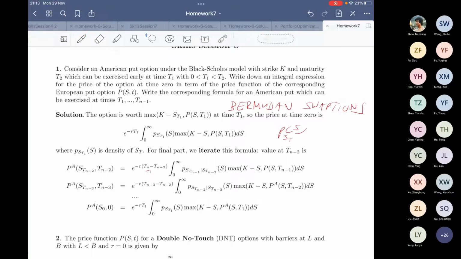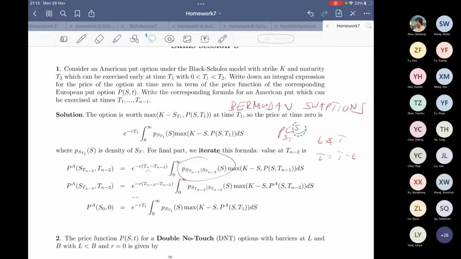Because, remember, I've said that any option that we price on this course has dependence on t and T only through the difference tau equals T minus t. So this density will be the same as this density, except that the S_0 that would appear in this formula would get replaced with the earlier stock price, essentially that thing.